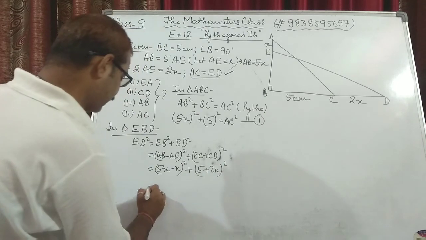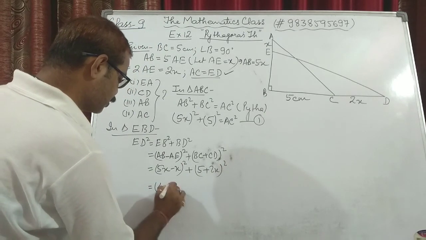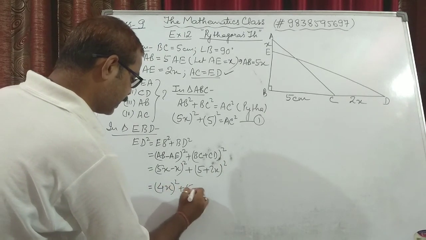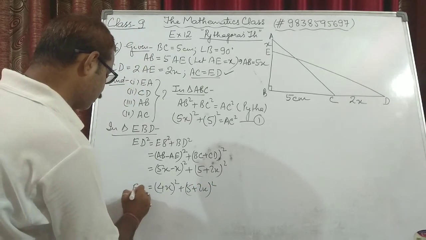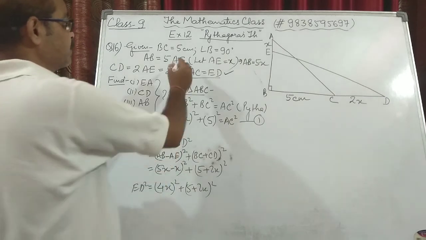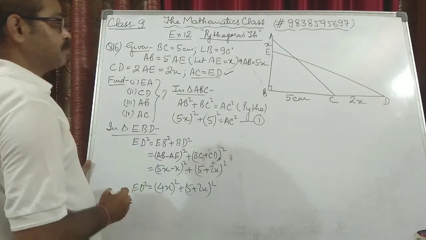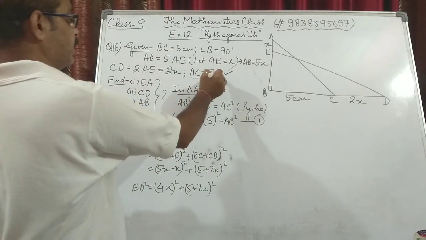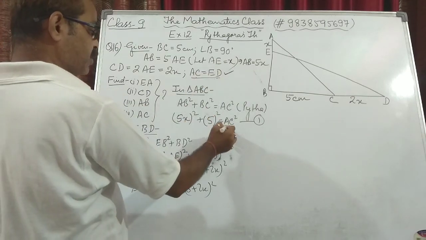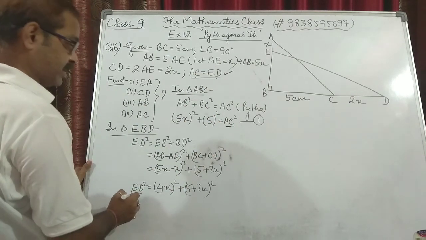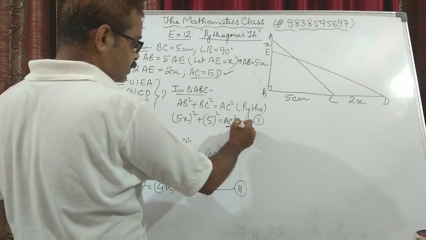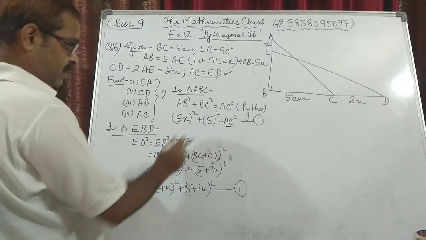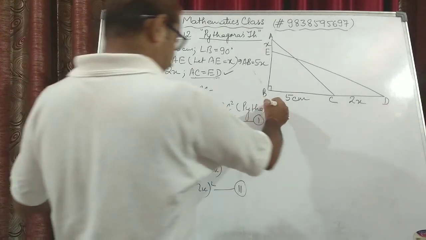So we will get it as (4x) square plus (5 plus 2x) whole square, that equals ED square. It is given that ED and AC are equal. Here we got AC square, here we got ED square. Let us name this equation number 2. If the first and second are equal, it means we can equate them.